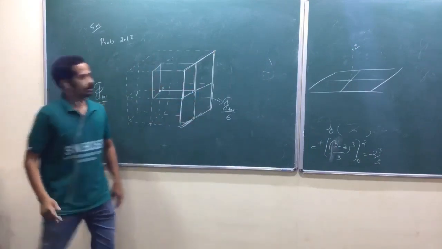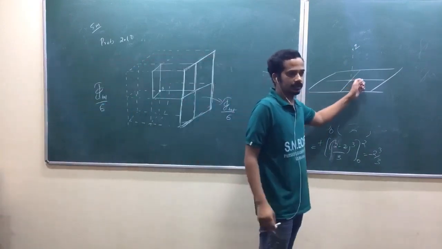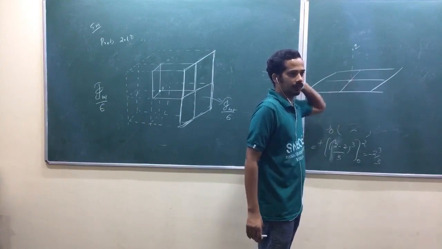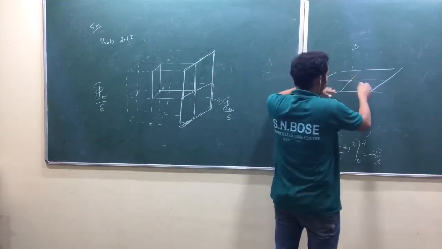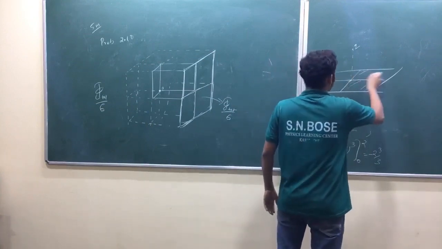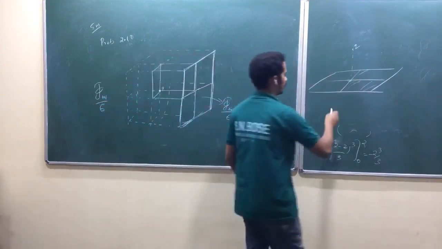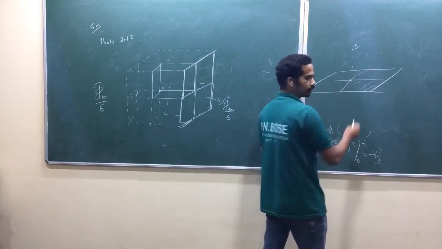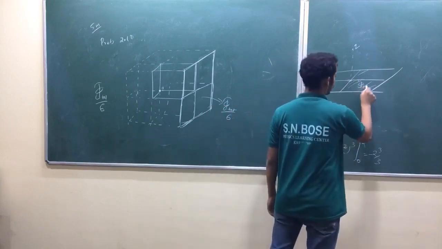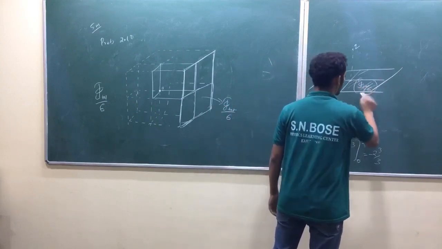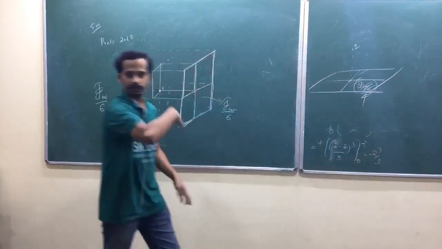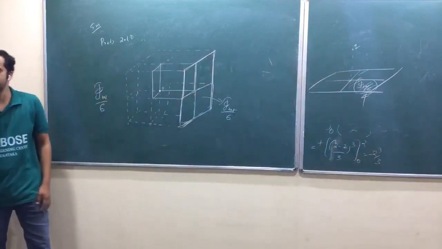Now this will share 1/6 of the total flux. Since these four surfaces are individually again symmetrically situated, if this whole thing shares 1/6, then each of them shares 1/6 by 4. When you add them up, you get phi total by 6.